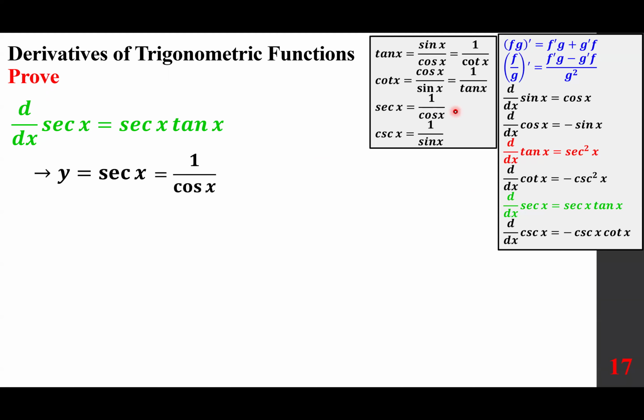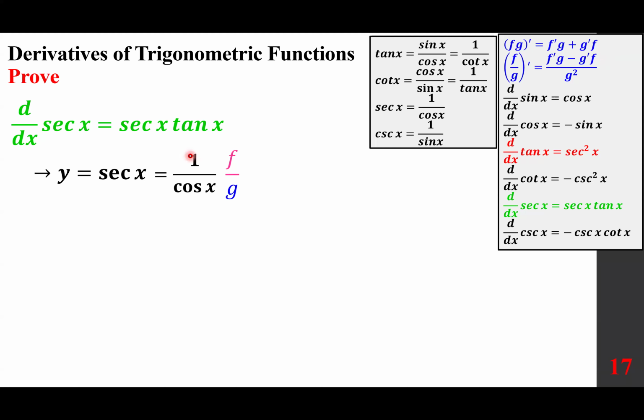Therefore, we are going to write it as f over g and use the quotient rule of differentiation on this one as well. F prime g minus g prime f over g squared.